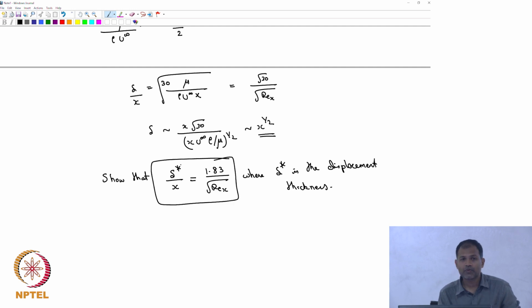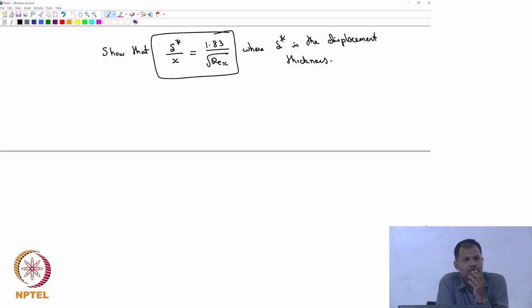Just use the equations that we have already written down and try to manipulate to see whether. So you understand what is delta star, right? It's just delta minus h. We know how delta changes with Rex, so see whether you are able to get it. It's a useful expression. Okay, any doubts?